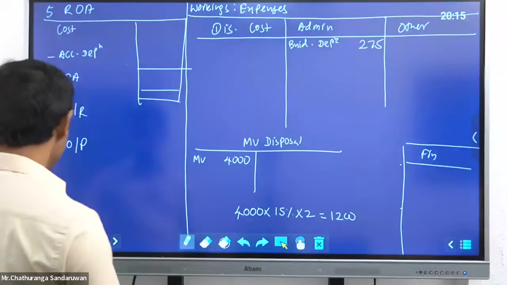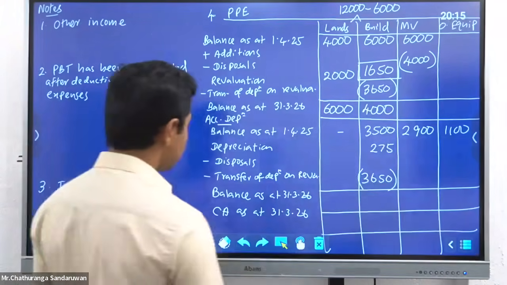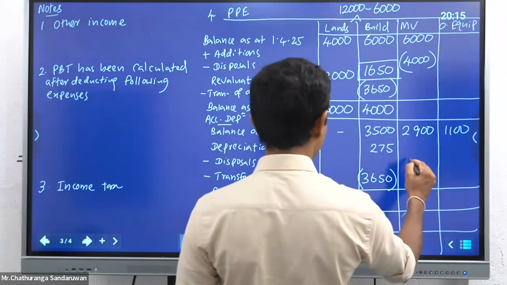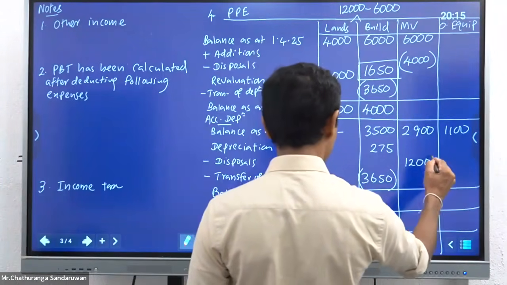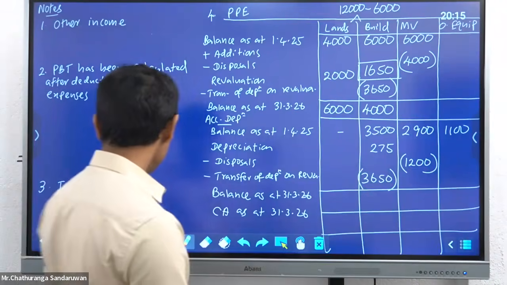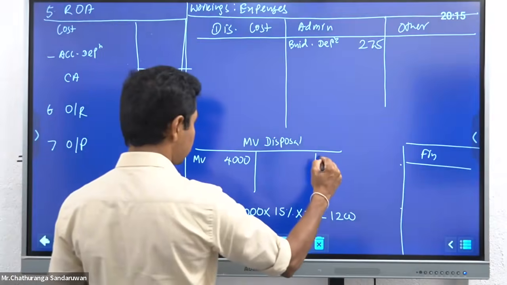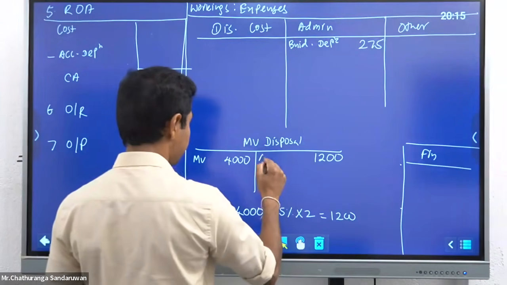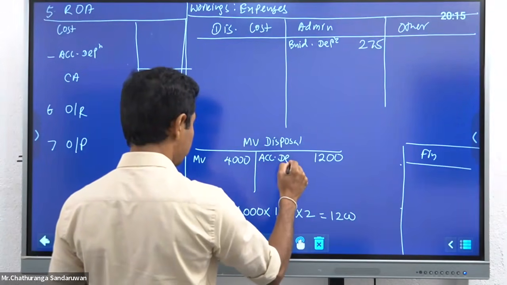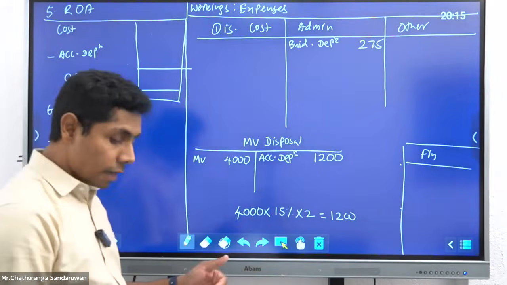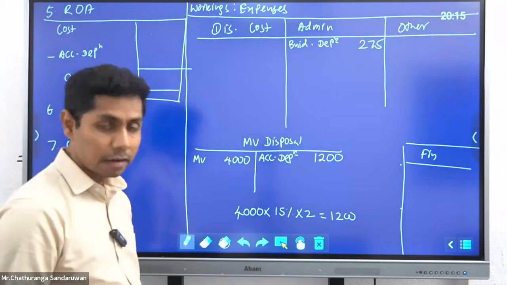Right? So accumulated depreciation debit. So under disposals, here 1,200 should be removed. And then motor vehicle disposal account credit 1,200, accumulated depreciation. Right? So it has been sold at 4,500.